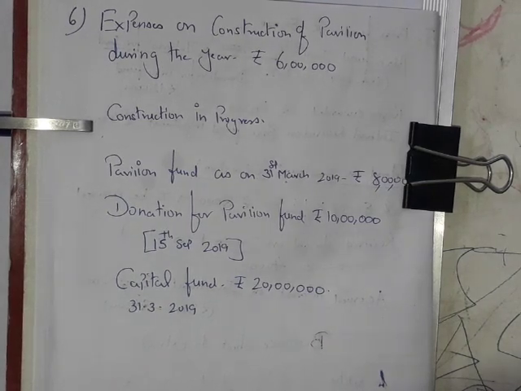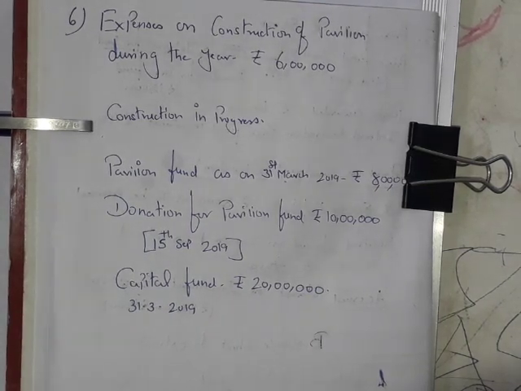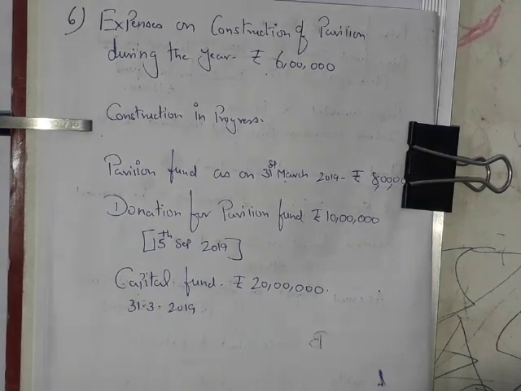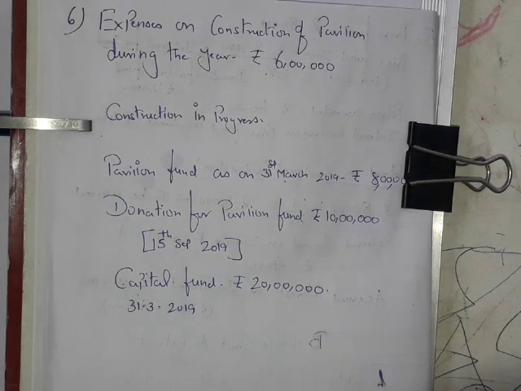So on 15th September 2019, an amount of rupees 10 lakhs was received as a donation by the non-profit organization. So this 10 lakhs will be added to the existing pavilion fund of rupees 8 lakhs. So altogether how much will you get?